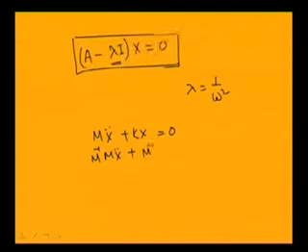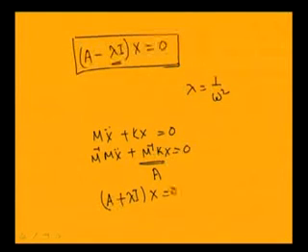That time also we wrote this as A, so it was reduced to the form (A plus lambda I) x equal to 0. In that case, lambda equal to omega square.